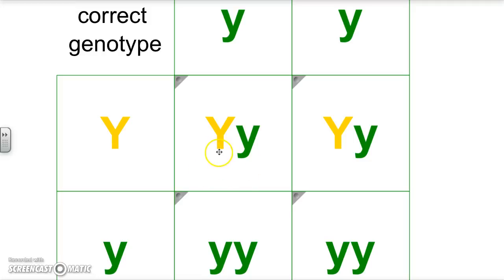So these individuals would appear yellow, and these individuals would appear green. Yellow is the dominant trait, green is the recessive trait. However, these yellow individuals would be able to pass on a green allele to any offspring because it is part of their genotype.